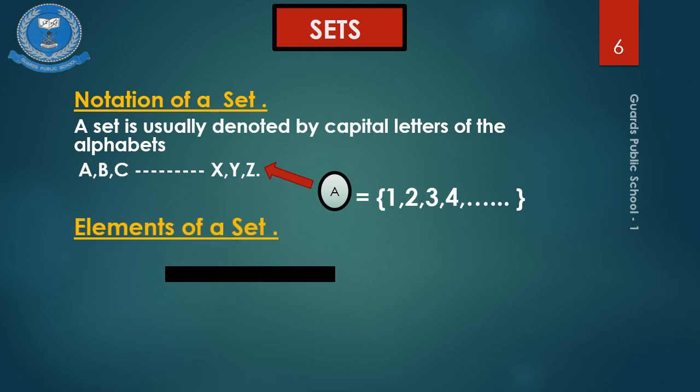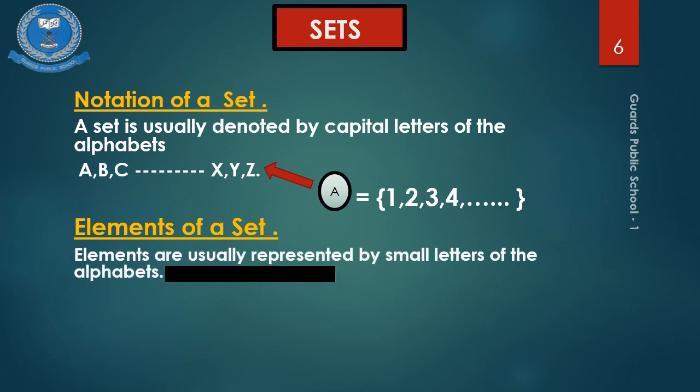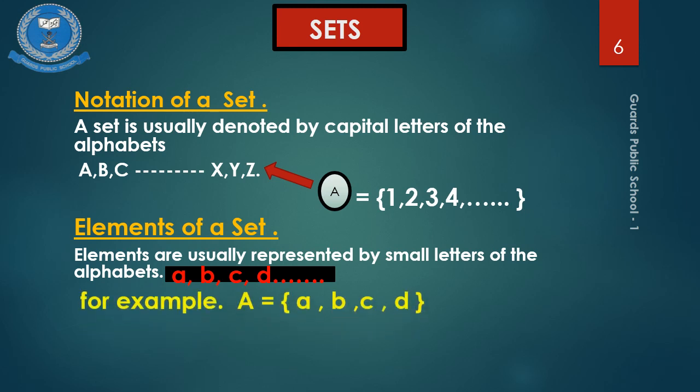Elements of a set. Elements are usually represented by small letters of the alphabet. As we know that a set is a collection of well-defined and distinct objects, each object is called an element or a member of a set.